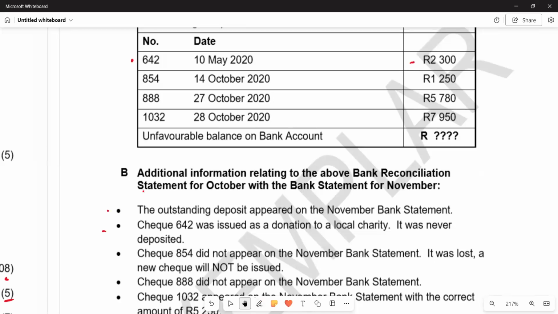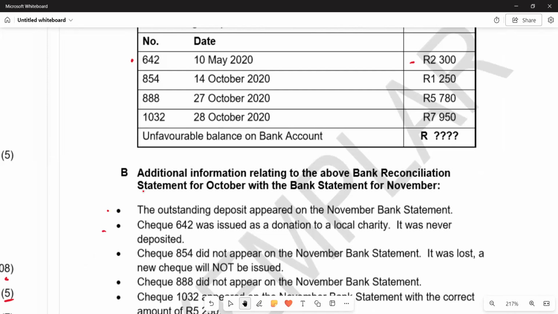Whenever we issue a check, we record it in the journals, but the bank statement doesn't reflect it right away. Since it was never deposited, we are supposed to remove it.